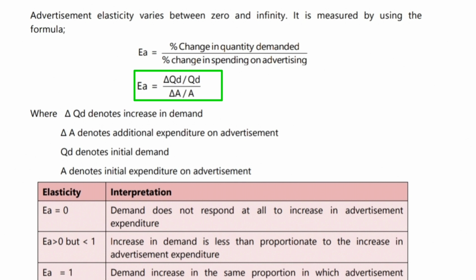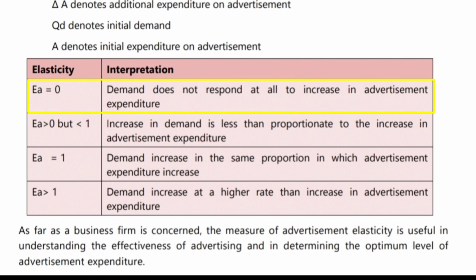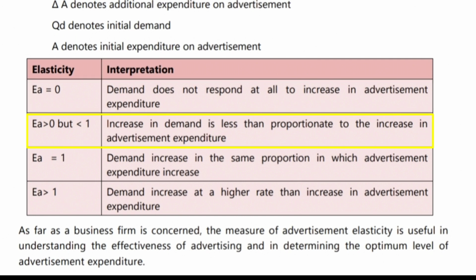Now if elasticity of advertisement is equal to 0, what is the interpretation? That means the demand does not respond to any increase in advertisement expenditure. If EA is greater than 0 but less than 1, the increase in demand is less than proportionate to the increase in advertisement expenditure.